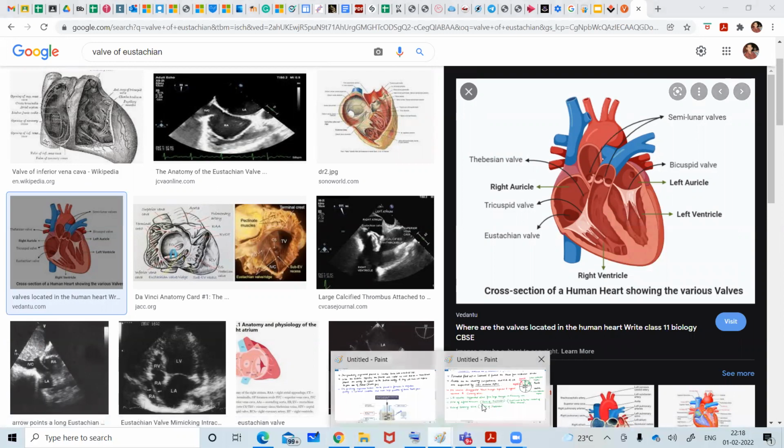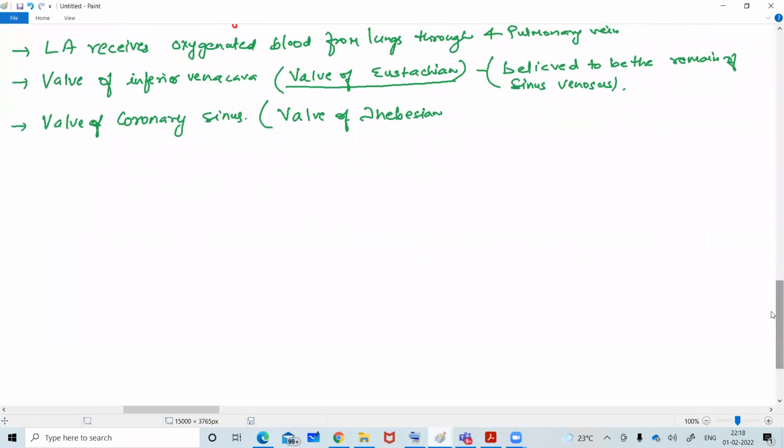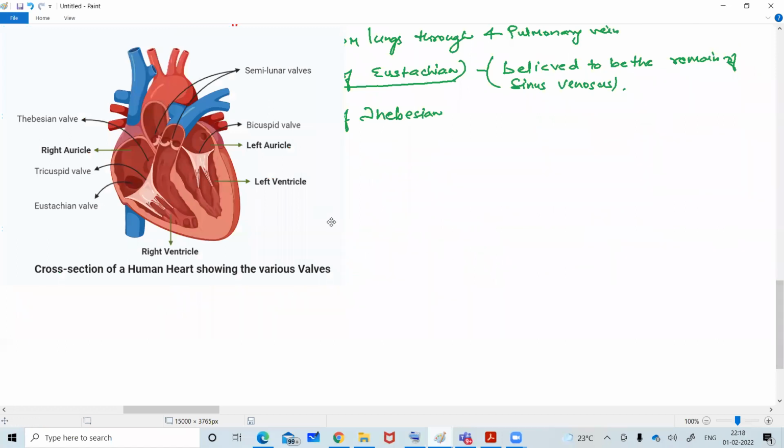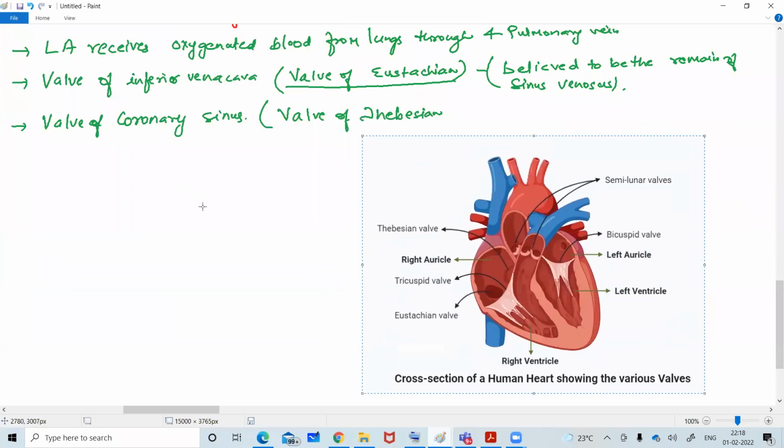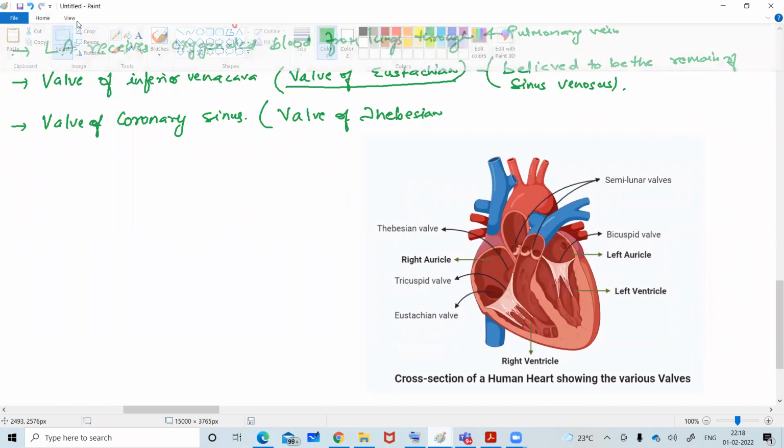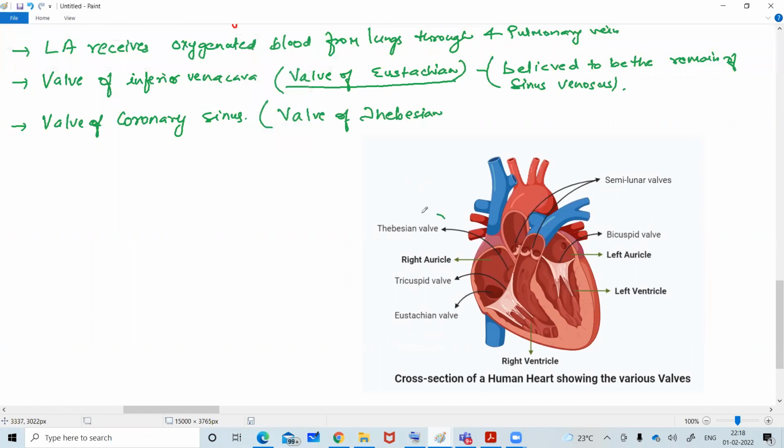So I'll put it here and we'll show you how these two valves look. Right, so here is the valve. The Thebesian valve and Eustachian valve. These are the two. And this is the right auricle. So the right auricle has openings, overall three: one superior, one inferior, and one is coronary sinus. This is valve of the Thebesian. Here it is. And this is Eustachian valve.